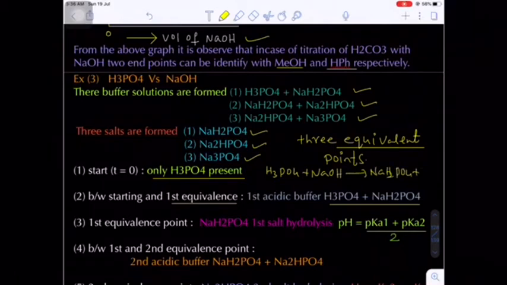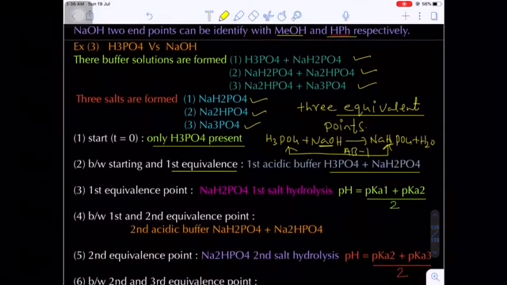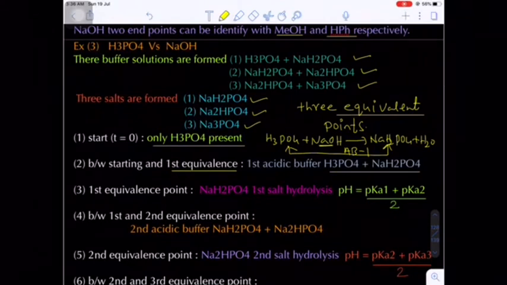Okay, how? This is the H3PO4 and this will be the NaOH. The combination of these two will give sodium dihydrogen phosphate plus H2O. Okay, NaOH will be limiting, so only H3PO4 and NaH2PO4 will be present in the solution. So this is the acidic buffer number 1.